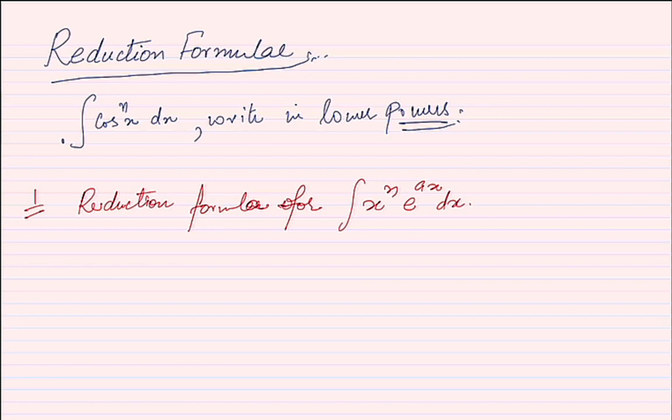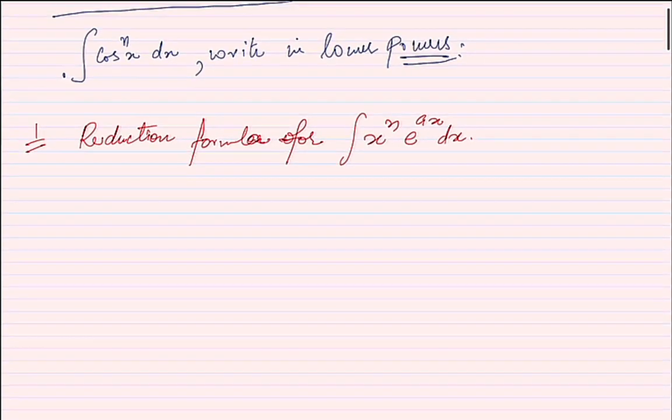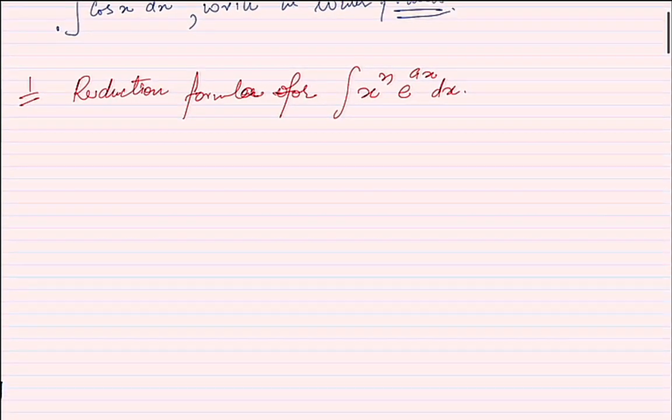So how to find the reduction formula, how to express this in a lower degree term? Some of these are done using either integration by parts or the method of connecting integrals. So here I will write I_n as integral x raised to power n e raised to power ax dx.